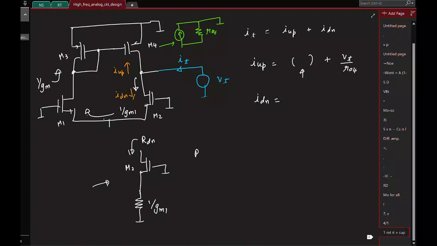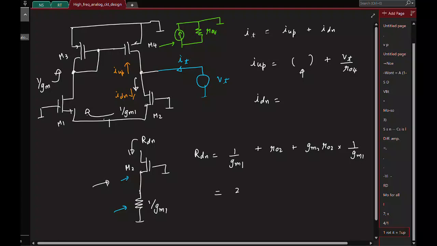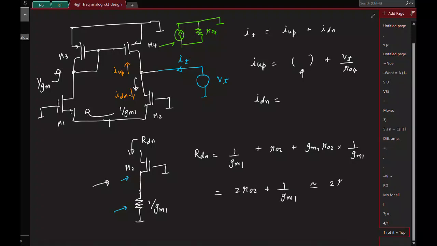So R down is basically the impedance connected at the bottom, which is 1 by GM1, plus the R0 of the transistor you have, R02, plus the intrinsic gain of the transistor times the impedance connected. Okay, and GM1 and GM2 will be equal because the transistors are identical. So what does it simplify to? You have 2 R02 plus 1 by GM1, and for all practical reasons this is approximately 2 R02.